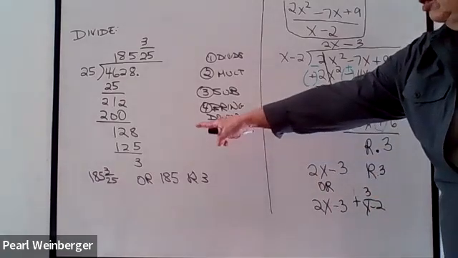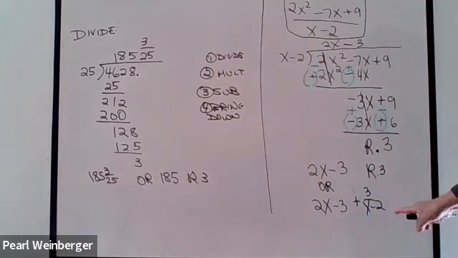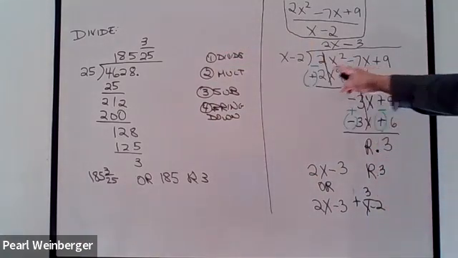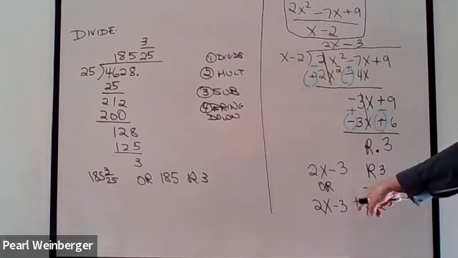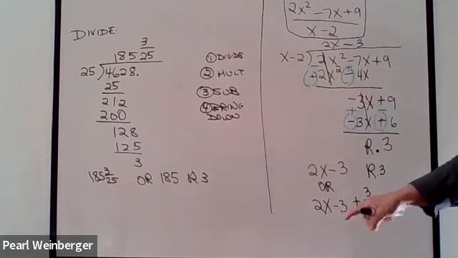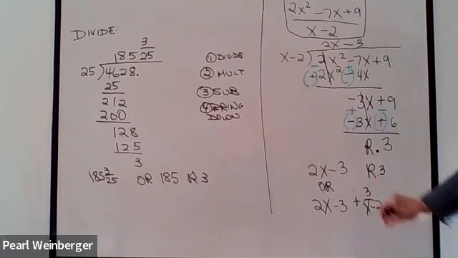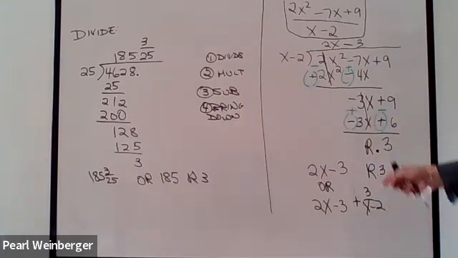Just like we took that 3 and put it over the 25, we could do this 3 and put it over x minus 2. You can't just put it next to it. Whereas with numbers, you don't have to put that plus, over here, you have to put the plus, or if it's a negative, the minus.